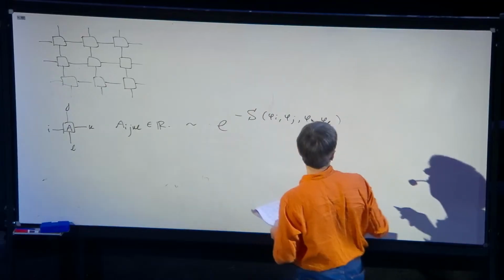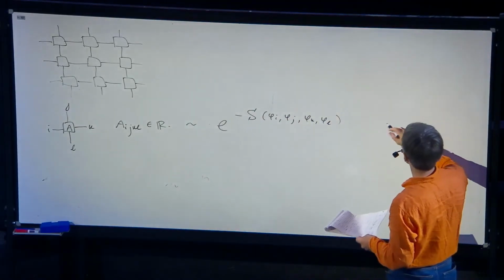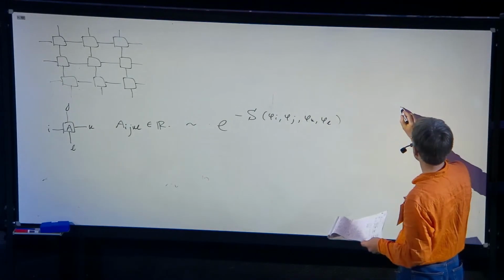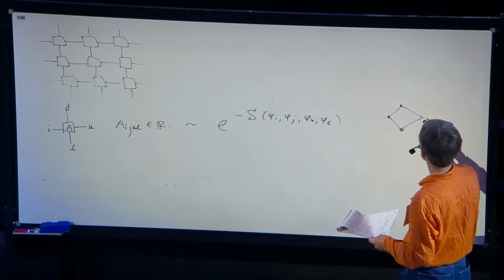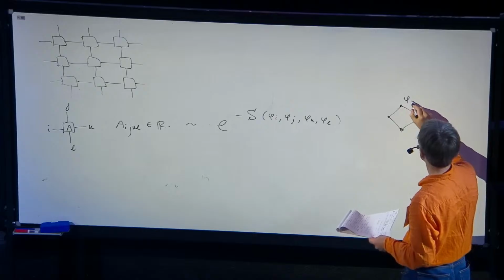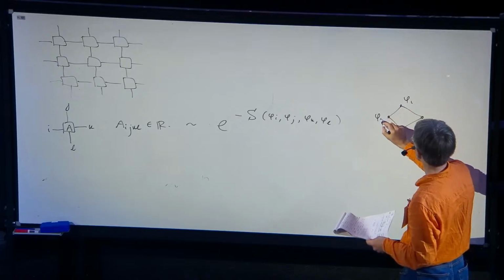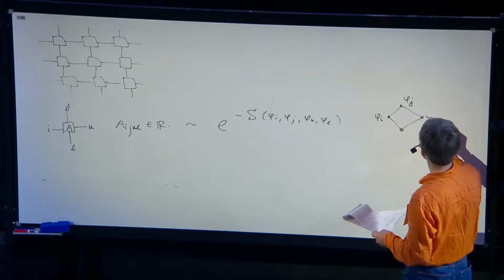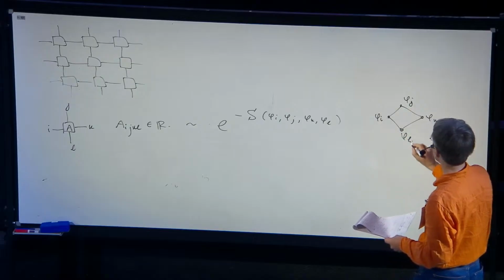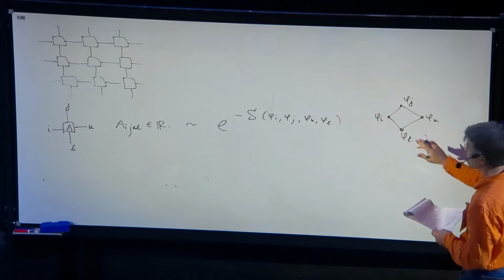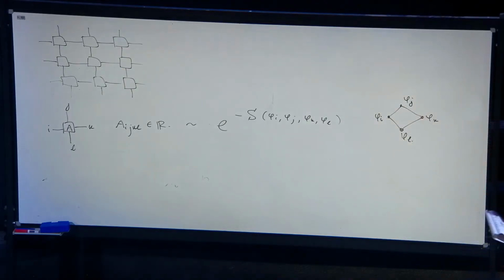So imagine that you have some sort of two-dimensional field theory, and you divided it into squares, and you discretized everything, and you put here at the vertices of the squares, phi i, phi j, phi k, phi l. These are your degrees of freedom, and you work with the cutoff, so this discretization is allowed.